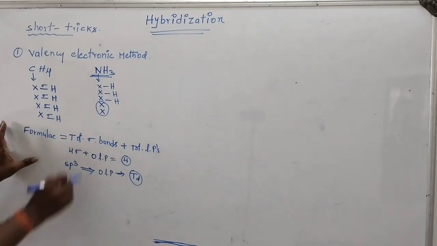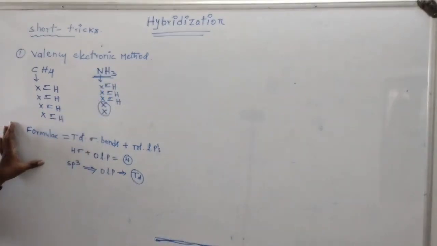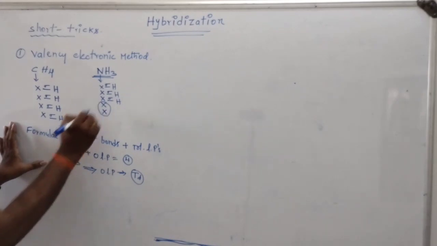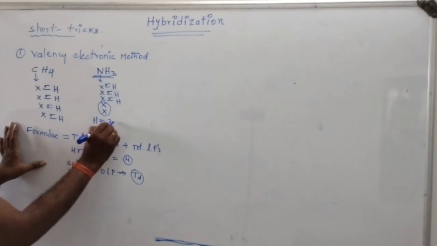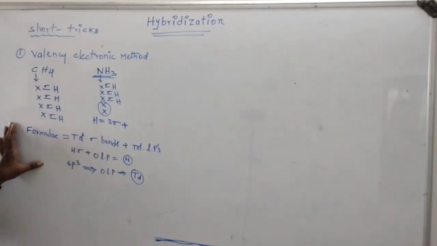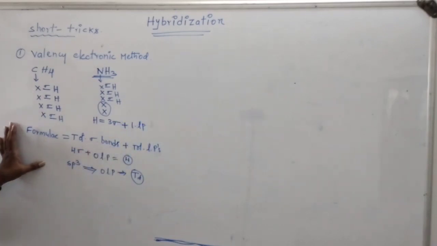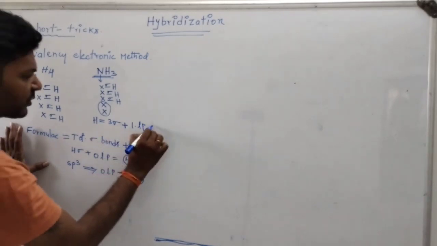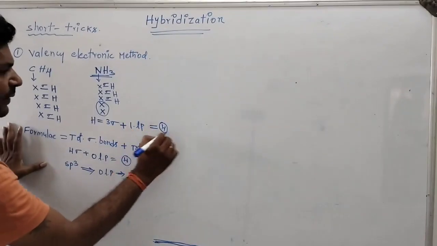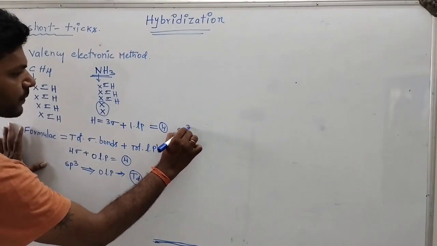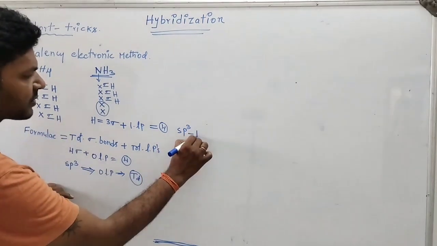Now the total sigma bonds are 3. So hybridization H equals 3 sigma bonds plus 1 lone pair. 3 plus 1 is 4. 4 means sp3 hybridization with 1 lone pair of electrons.